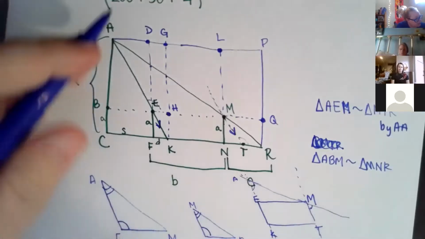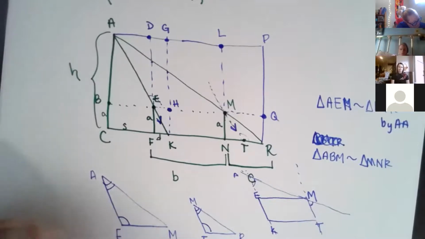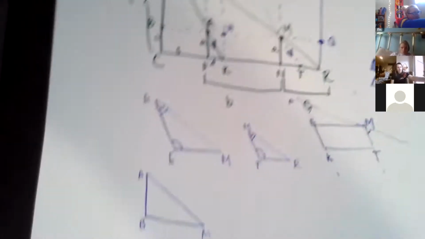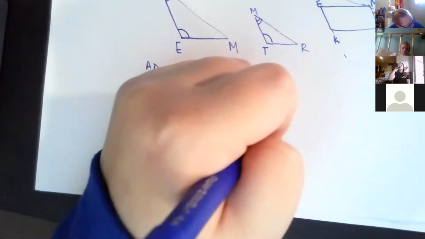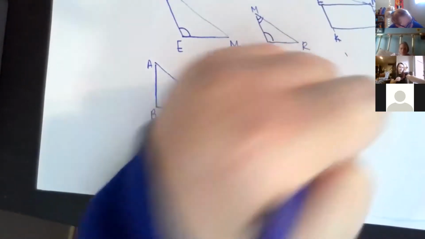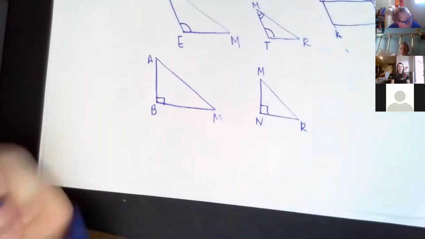We have this one, ABM, so that's this guy. And then MNR. Well, B is a right angle and N is a right angle.